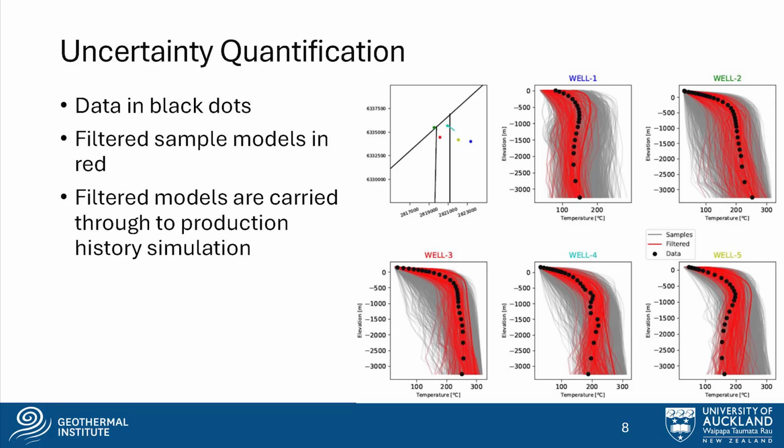Here we're using downhole temperature, but the key thing with this method is we can use any data. So we're talking to Berkeley about how we can use the seismic data as well to constrain this. We're already using resistivity to constrain this. It can be any type of data at all.